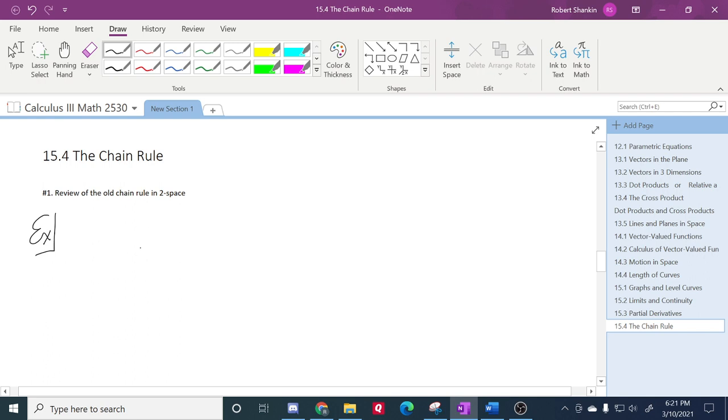Let's suppose y is a father's position. X is the pregnant mother's position.